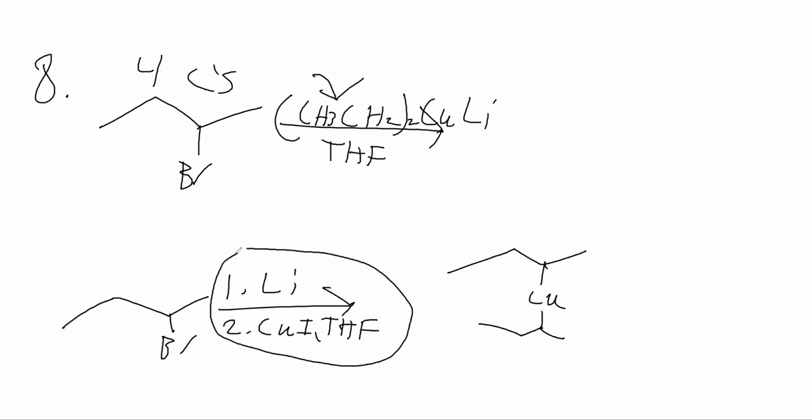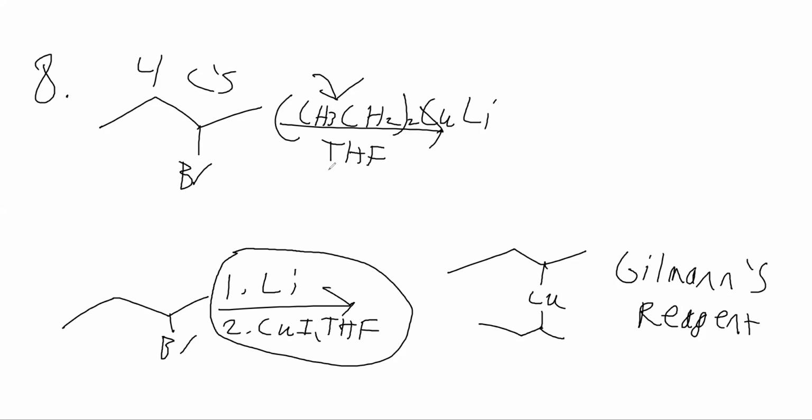These are the conditions you use to react with an alkyl halide in order to form this, and this is called a Gilman. I might spell it slightly incorrectly, but it's called Gilman's reagent. That's what this is. Then you can take a Gilman's reagent and react it with the same or a different alkyl halide to do the reaction we're looking at here.